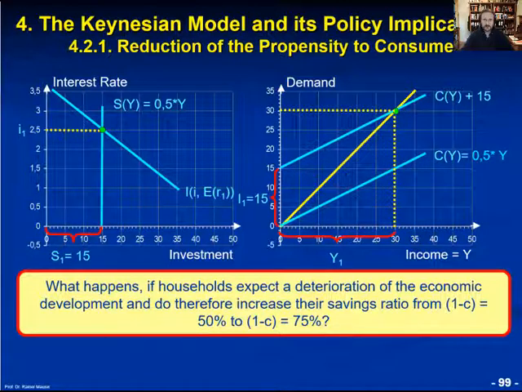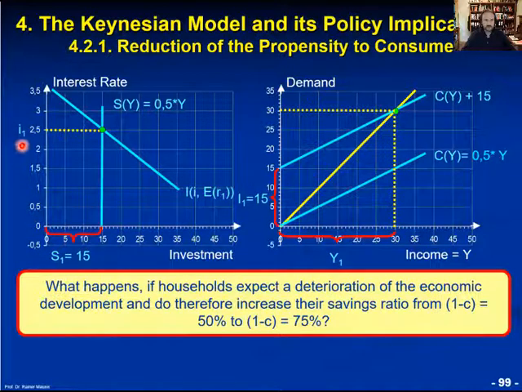Now 50% of GDP is not consumed but saved. As a result, savings equal the initial 50% savings ratio times 30 units of GDP, which equals 15 units of savings.